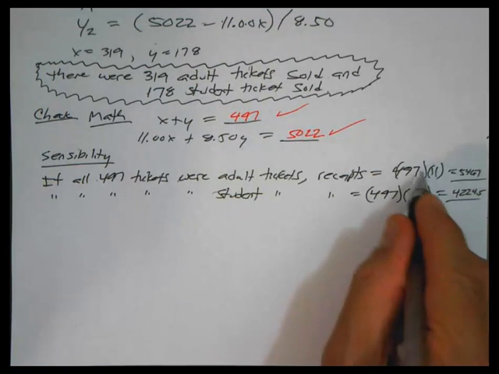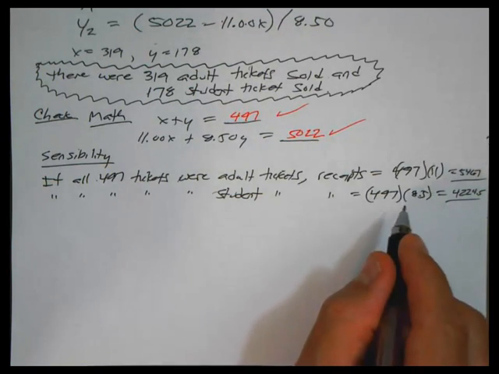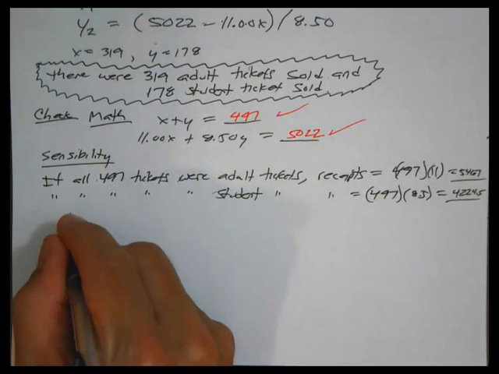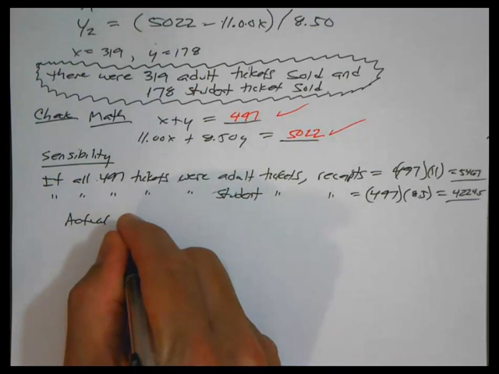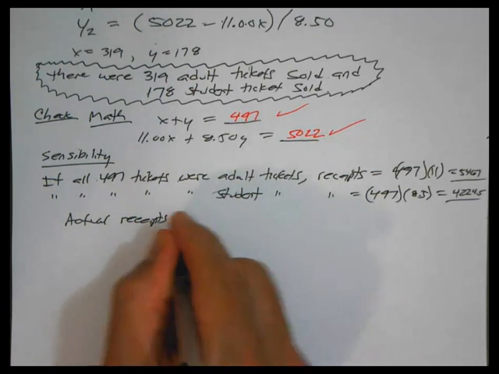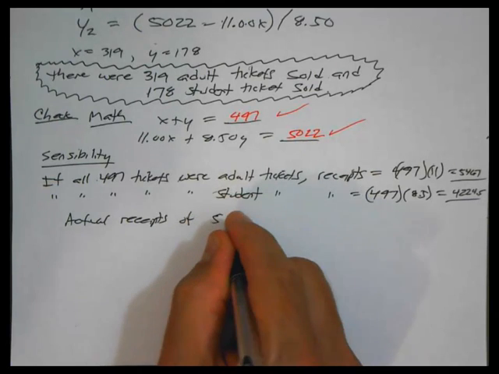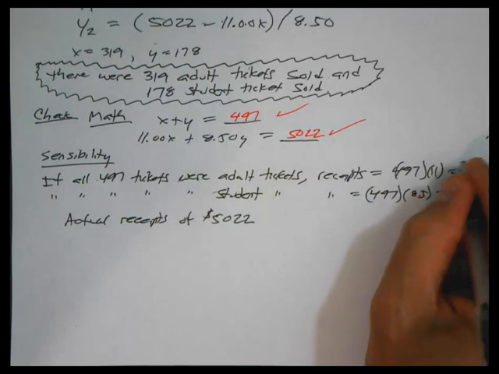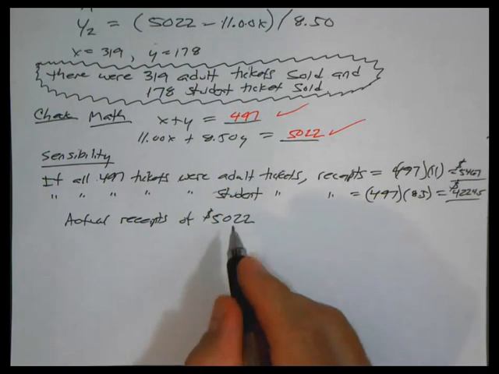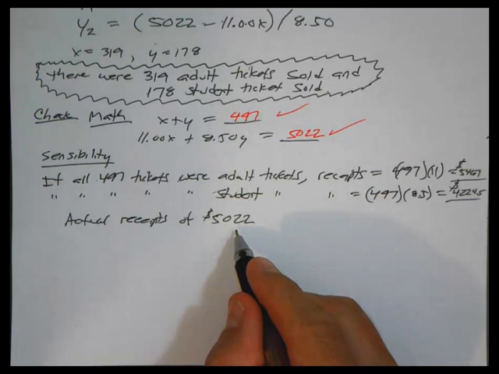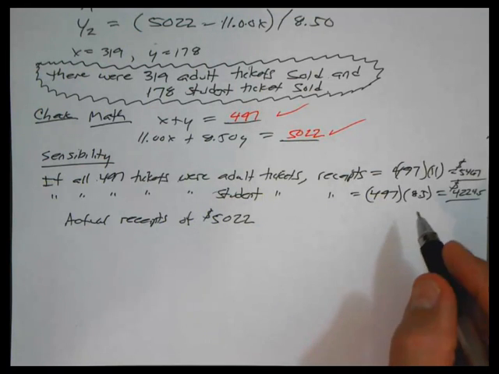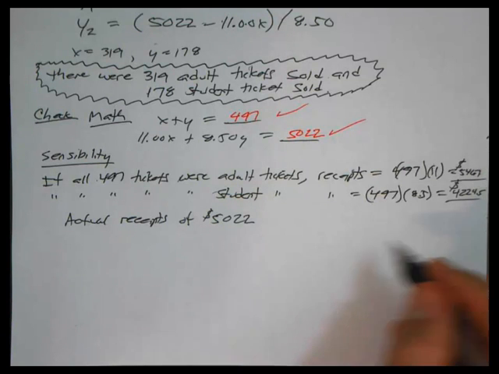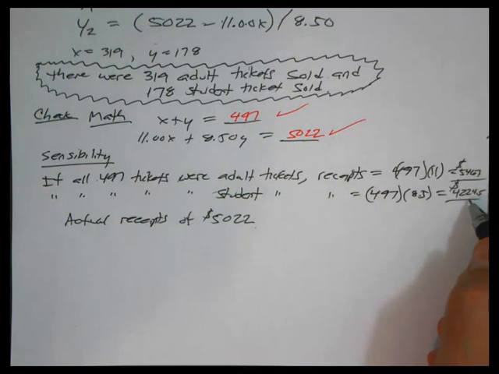Now, with this information, you can think about the actual receipts themselves. The actual receipts of 5022, and now consider what this more closely resembles. Is it a closer resemblance to an all adult ticket sale, or is it a closer resemblance to an all student ticket sale?